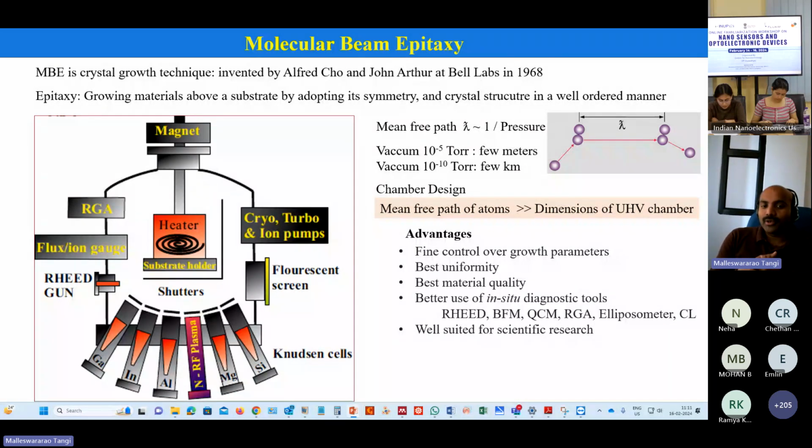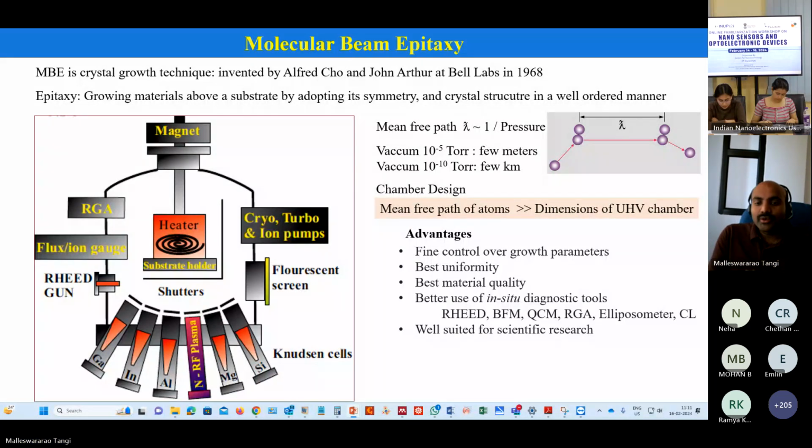Thus, when we evaporate any material, these atoms will not collide with each other before reaching the substrate. That is the main advantage. Because of this, we can have fine control over growth parameters. We can vary the source temperature in a fine manner and deposit atom by atom, and you also get the best uniformity and best material quality.